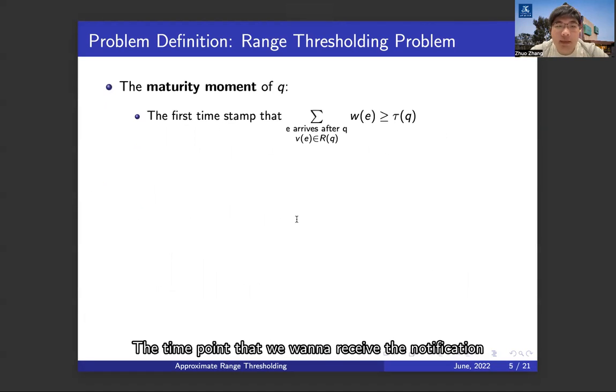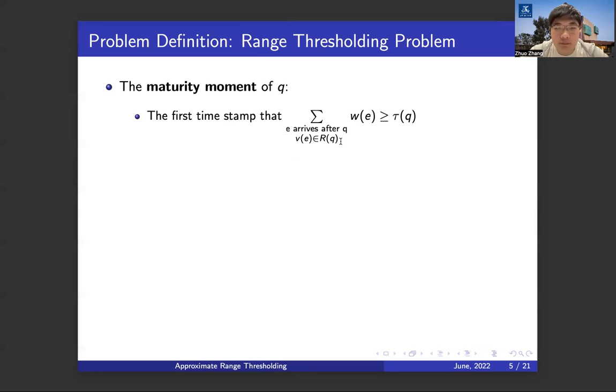The time point that we want to receive the notification is called the maturity moment. Formally speaking, we need to track the weighted sum of the elements that arrive after Q and with value falling in the range of Q. The first time step that the weighted sum exceeds the threshold is called the maturity moment.